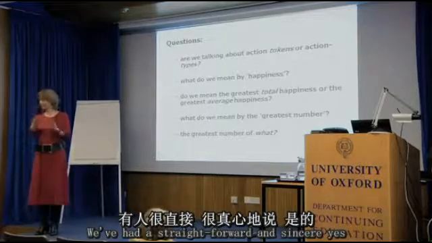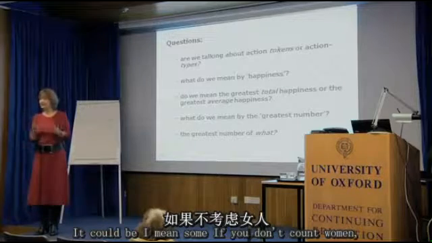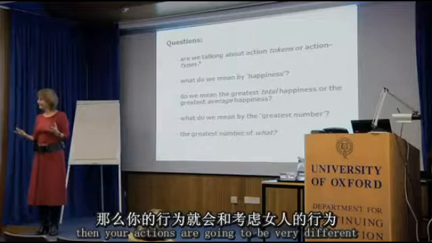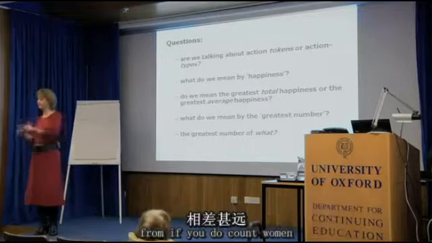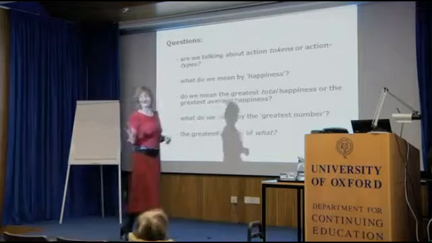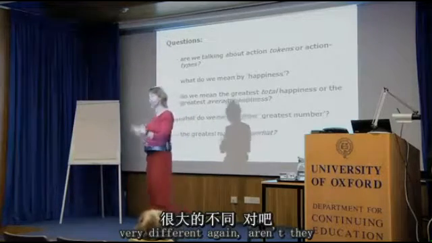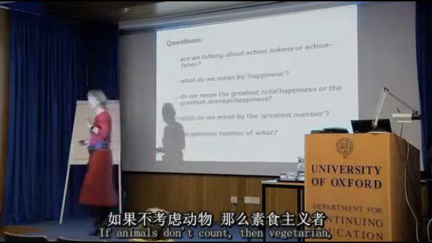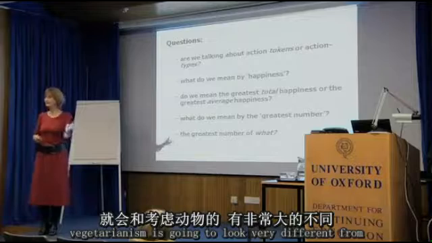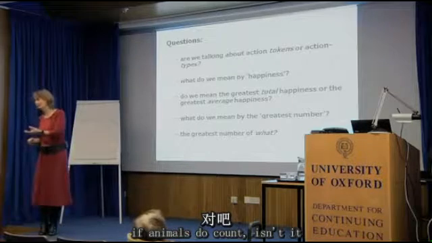Okay, we've had a straightforward and sincere yes. It could be. If you don't count women, then your actions are going to be very different from if you do count women. If you don't count animals, then your actions are going to be very different again, aren't they? If animals don't count, then vegetarianism is going to look very different from if animals do count, isn't it?